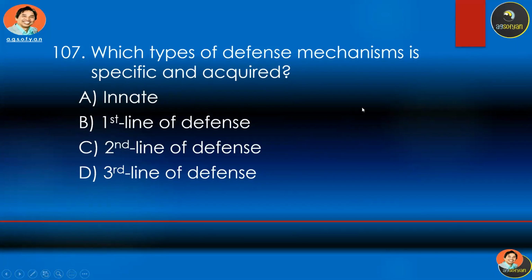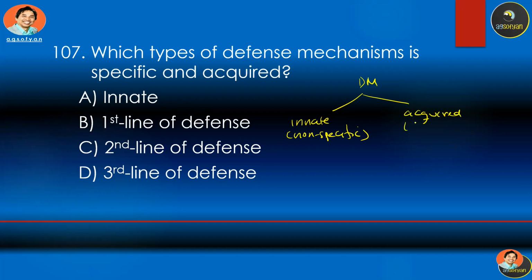Which type of defense mechanism is specific and acquired? A, B, C, or D? Okay, so remember the defense mechanism is divided into two types: innate, which is non-specific, and acquired, which is specific.